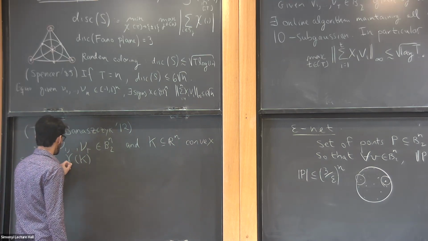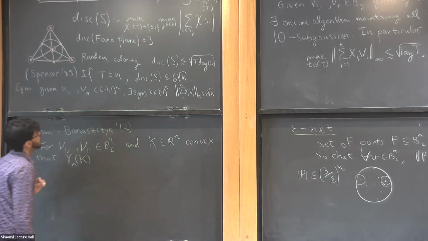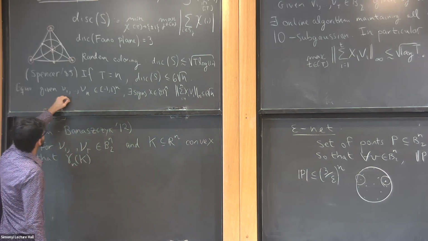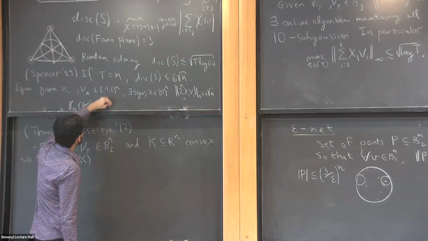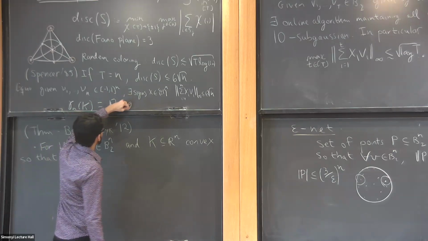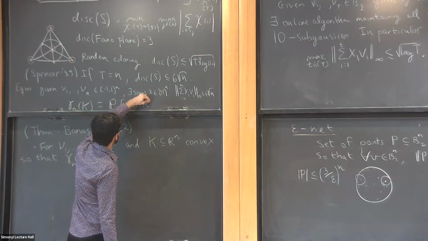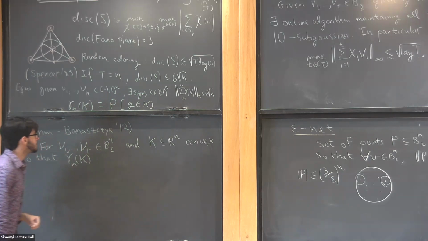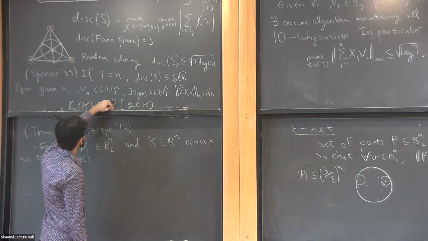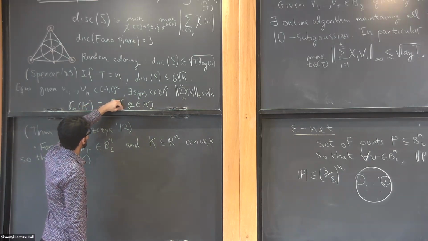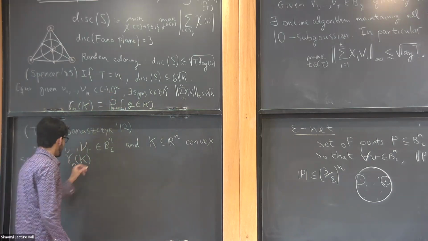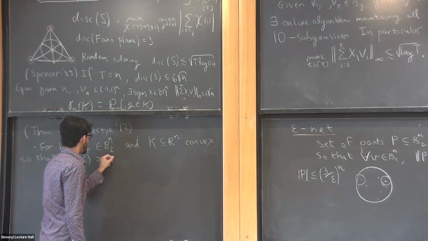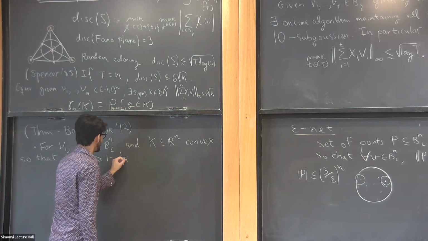So this is the Gaussian measure. If you don't know what this is, it's the probability that I sample from a Gaussian and I land inside K. This is a standard Gaussian in n dimensions. I want this to be large, almost 1.